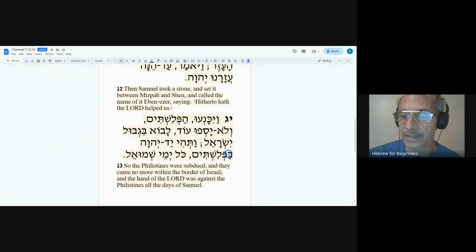So ba ends up meaning with the or in the. So the fact that there is a contraction and the ha is not actually present, we don't have be-ha-plishtim, we just have ba-plishtim. The mapik inside of the pei actually serves to fill in for that missing hey. So again, we have a prefix that gives us a clue that the next consonant has a mapik in it, and we should be mindful of that pronunciation.